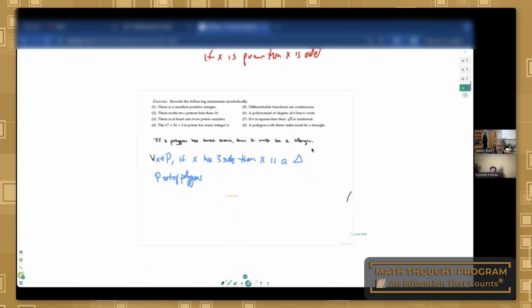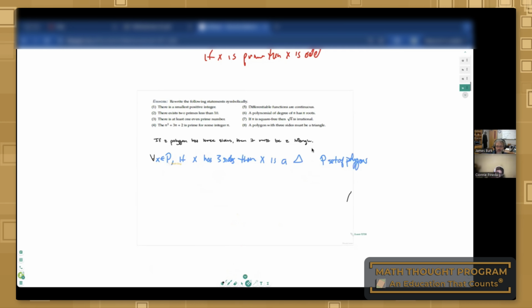Okay, go ahead and negate it. What's the negation of the statement? It'd be there exists an X in P. Would it be correct to say "such that"?